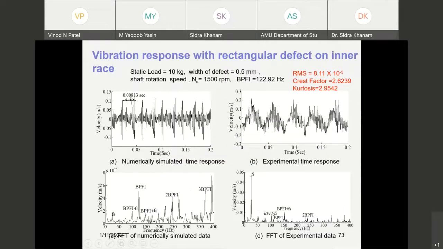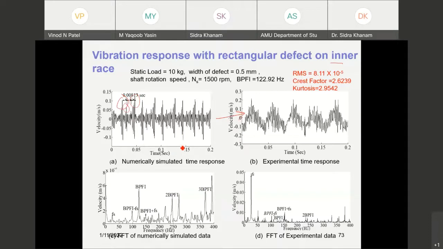When there is a rectangular defect on the inner race of the bearing, by using that equation we could find that these impulses are generated here, and the experimental response is like this.